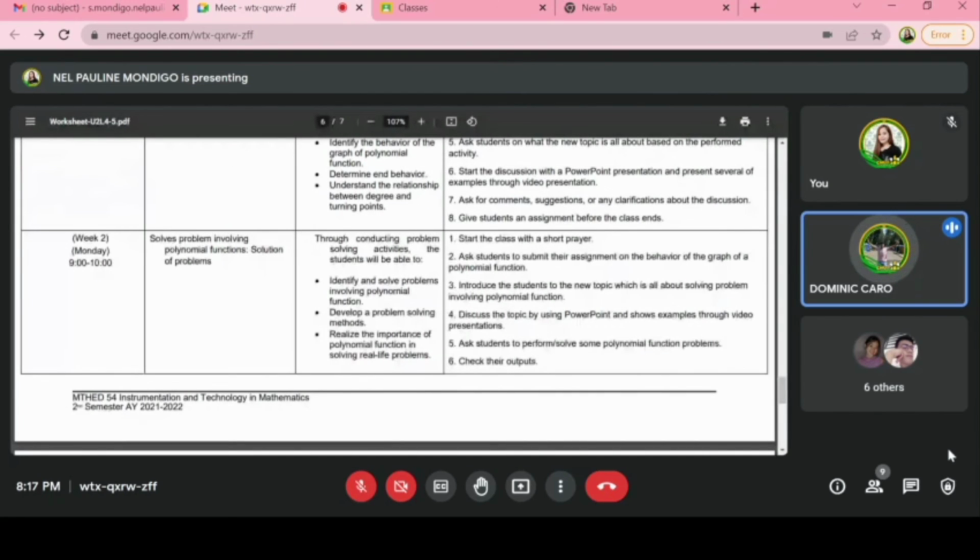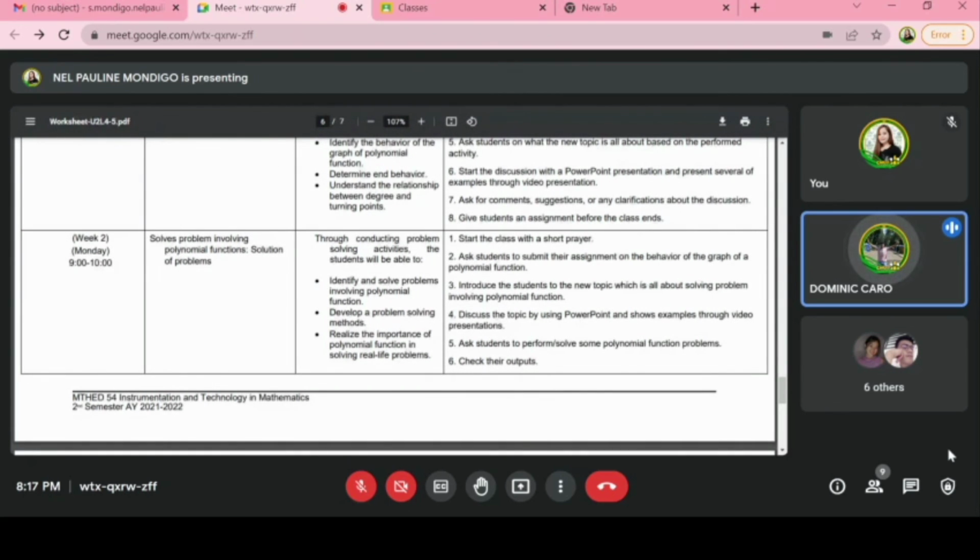The specific daily learning outcome for that is, through conducting problem solving activities, the students will be able to solve problems involving polynomial functions, develop a problem solving method, and realize the importance of polynomial functions in solving real life problems.